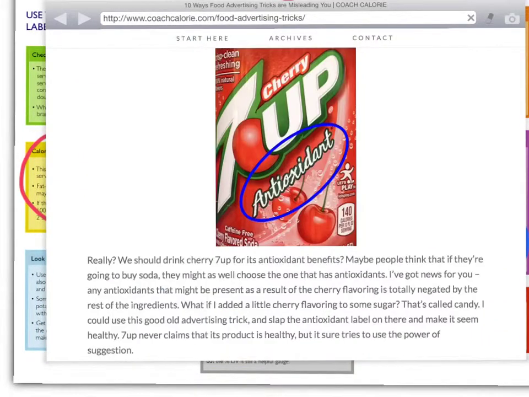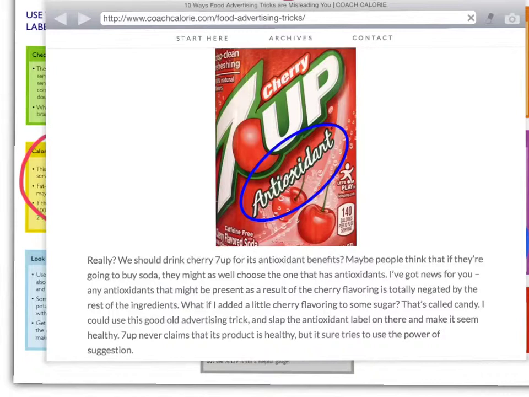Another thing that they often do is add all these fancy scientific words on labels, and they do that a lot with makeup and women's creams and so on. They'll say it's full of enzymes or amino acids or, in this case, antioxidants. Antioxidants are found in a lot of fruits and they are good for you.